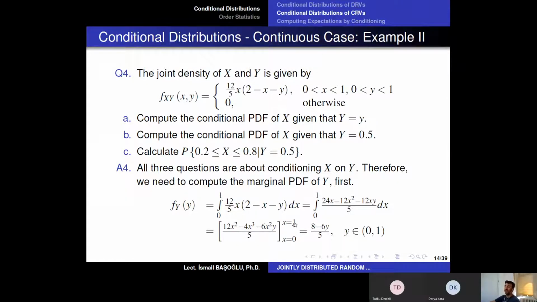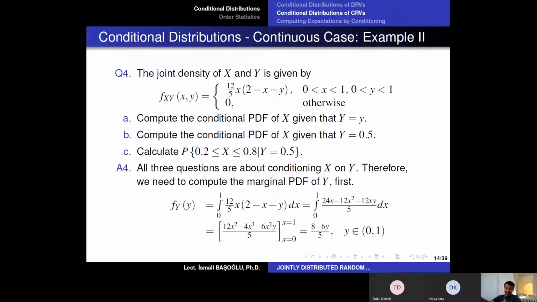Now we plug in 1 and 0 in place of x, and that simplifies to (8 minus 6y) over 5. So (8 minus 6y) over 5 is the marginal probability density function of y.